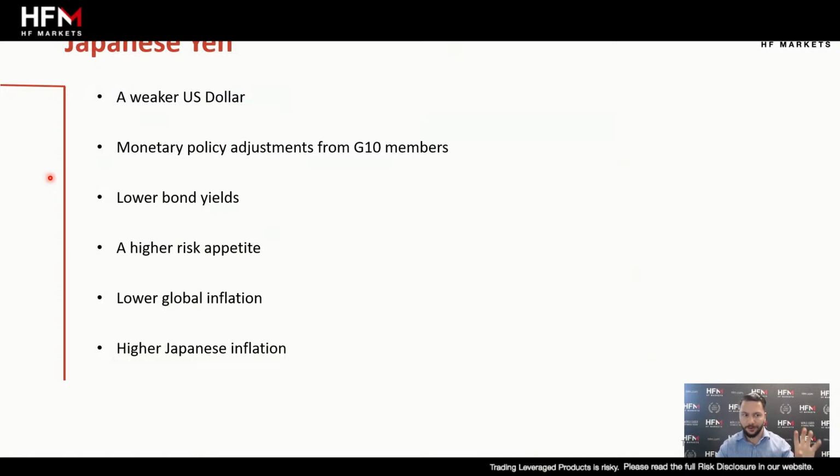We're going to look at the scenario of a Japanese intervention, which is definitely a possibility. We even saw a very strong spike downwards today, where a very large player entered the market favoring the Japanese yen, potentially because that company is predicting an intervention at some point.